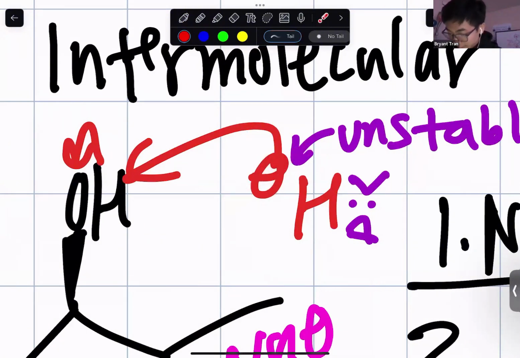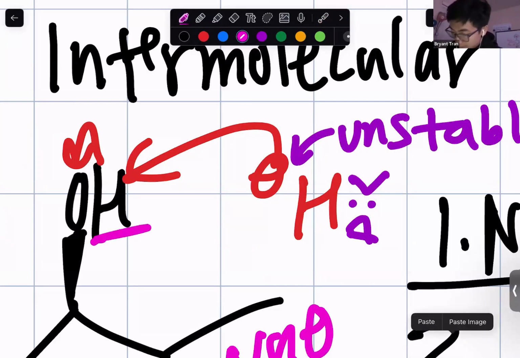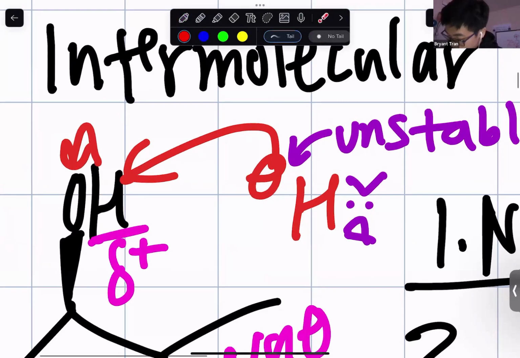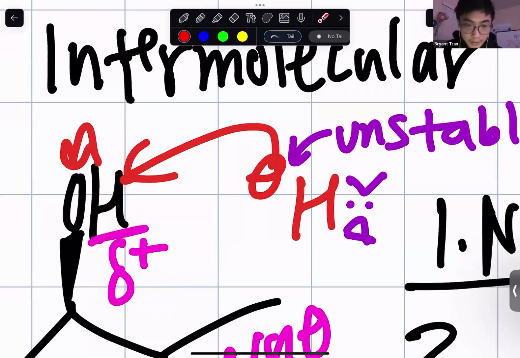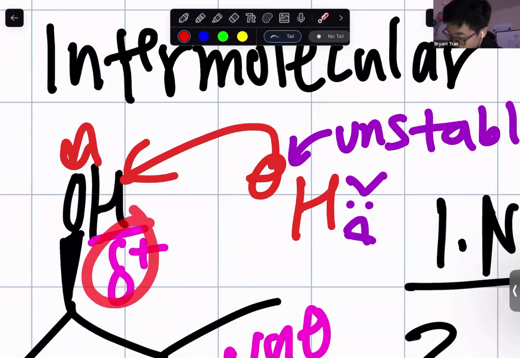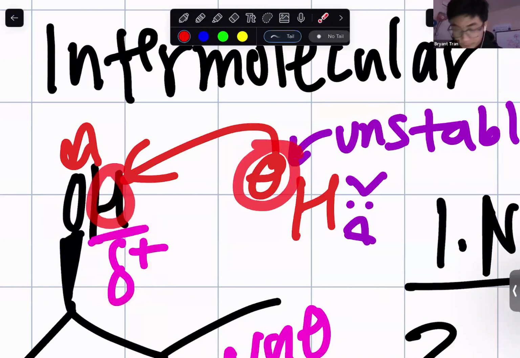And because this is a very strong base, it's gonna look for the most acidic hydrogen, which is this alcohol hydrogen right here. This hydrogen is acidic because it has a partial positive charge since it's attached to this electronegative oxygen atom right there, right? And this partial positive charge of the hydrogen here attracts this negative charge. Opposite charges attract. So this is our acid, right? The OH, this is our base. We're gonna do an acid-base reaction here.